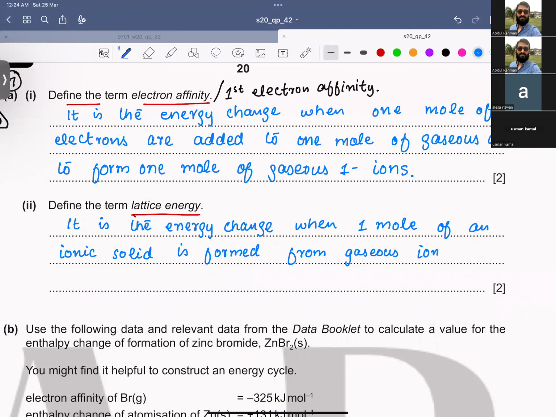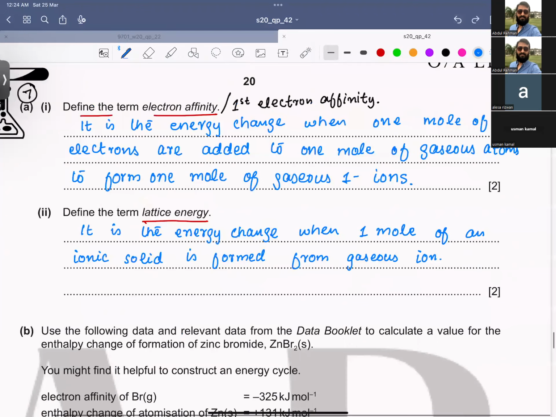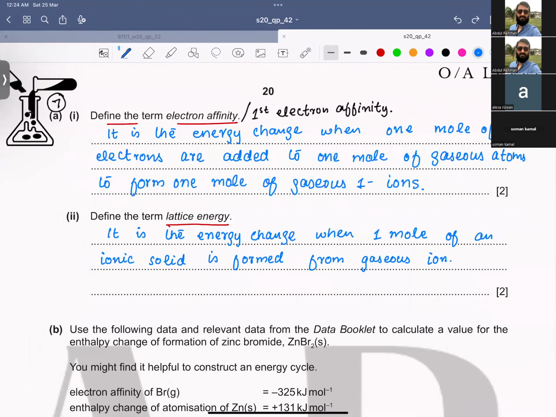So if you look over here, examiner doesn't use the term standard lattice energy. So there is no need to write afterwards that under standard conditions. If you will write only this statement, you will get 2 marks. ठीक है, ये दोनों definitions clear हैं सबको? Yes, sir.